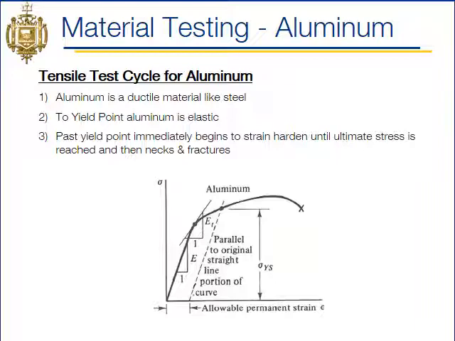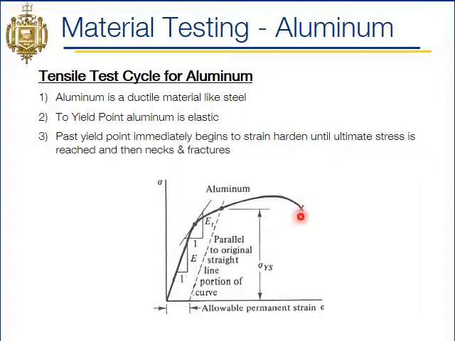So here's a typical tensile test stress strain chart for aluminum. And what we can see is aluminum reacts a little bit differently than steel does. We don't have that up and then down and flat line like we had in our steel sample. It's just kind of linear here and gently slopes and then breaks.